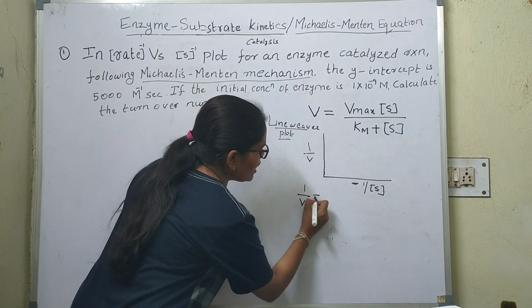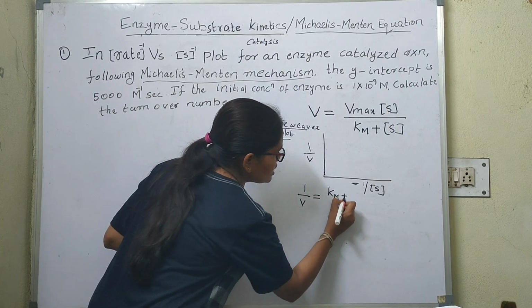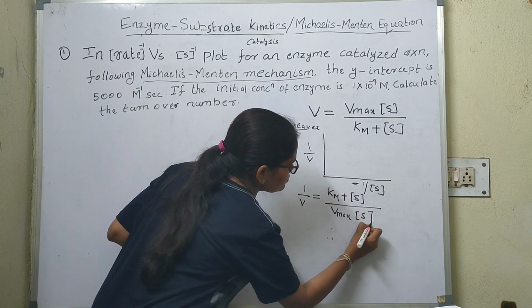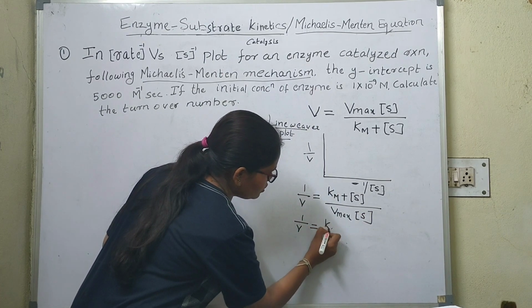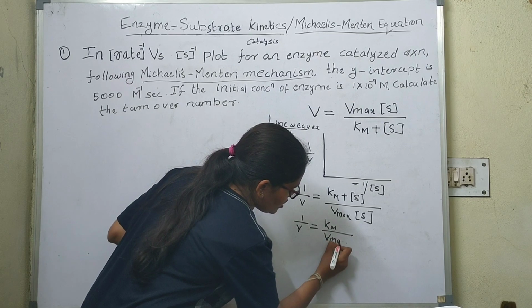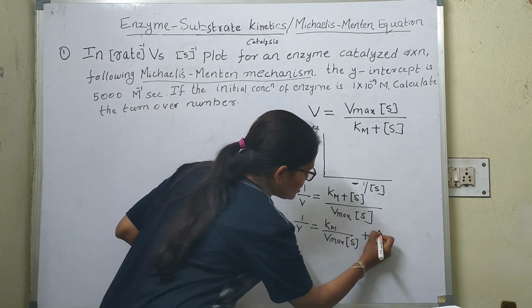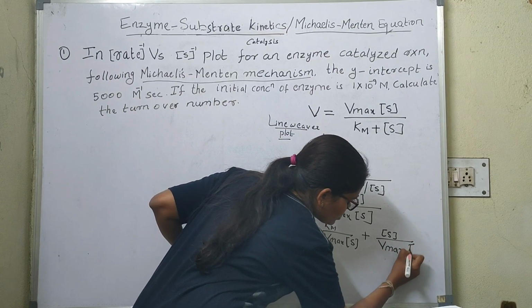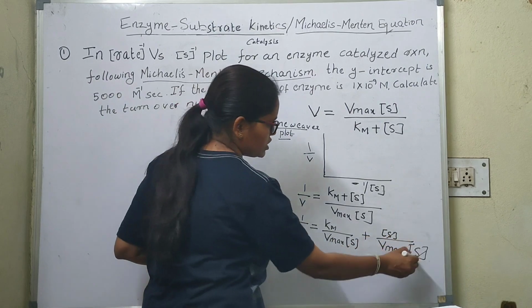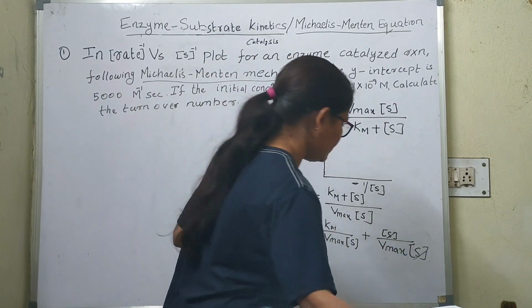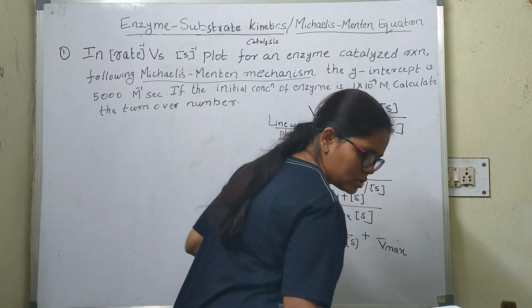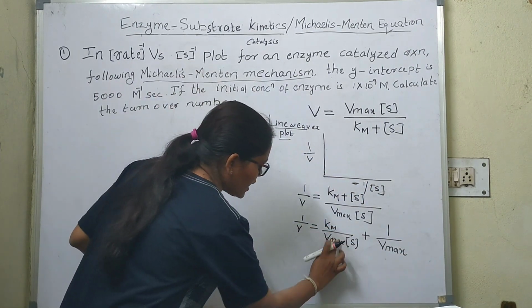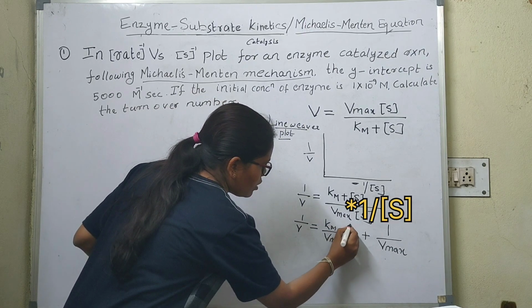After inverting, I will get 1 by V is equal to Km plus S by Vmax into S. So I can write it as 1 by V is equal to Km by Vmax into S, plus S by Vmax into S. Now I can cancel the substrate concentration here, so this term becomes 1 by Vmax. So 1 by V equals Km by Vmax into 1 by S, plus 1 over Vmax.